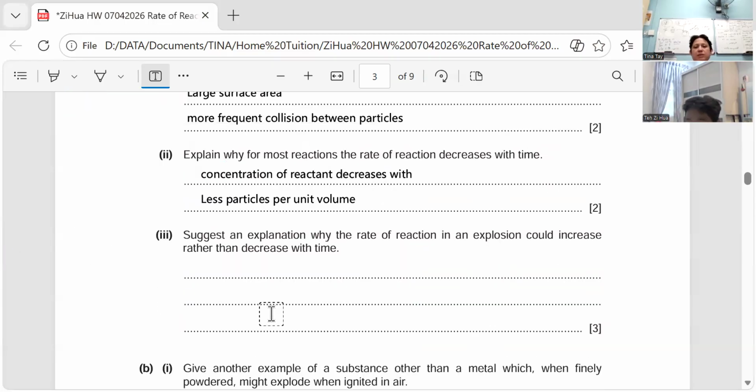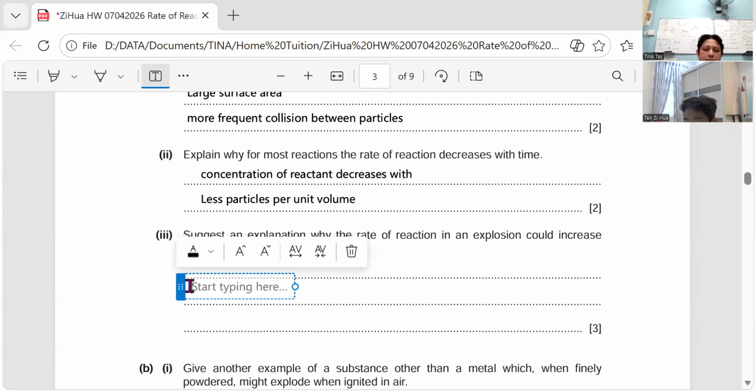Explain why the rate of reaction could decrease rather than increase with exposure. Heat release will increase temperature. The particles gain kinetic energy, so more frequent effective collision.